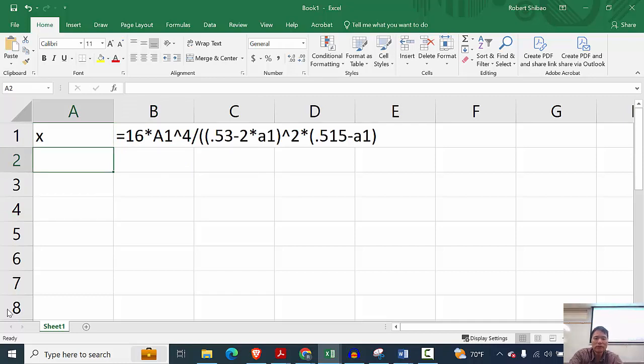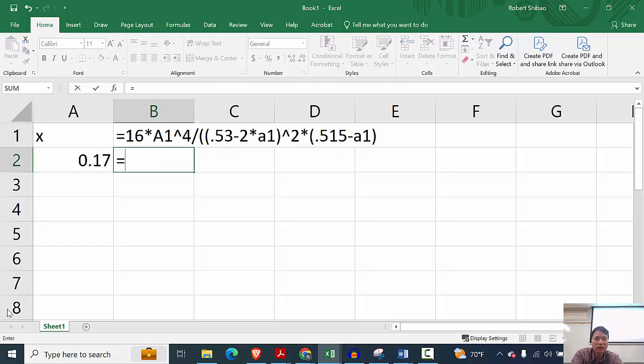So the first one we did was 0.017 for our x. And so I'm going to type in the formula here. I'm just going to write equals 16 times, now it's A2 because I'm on the next row.